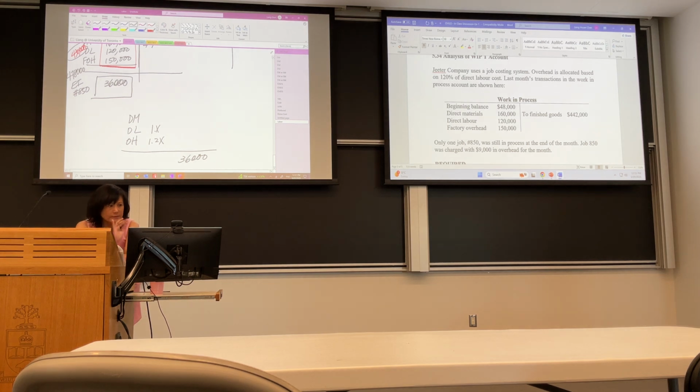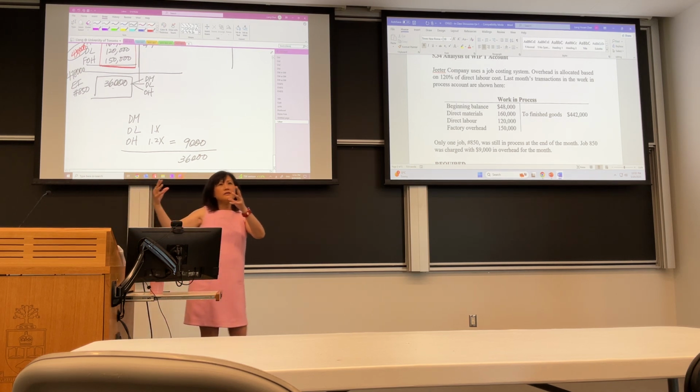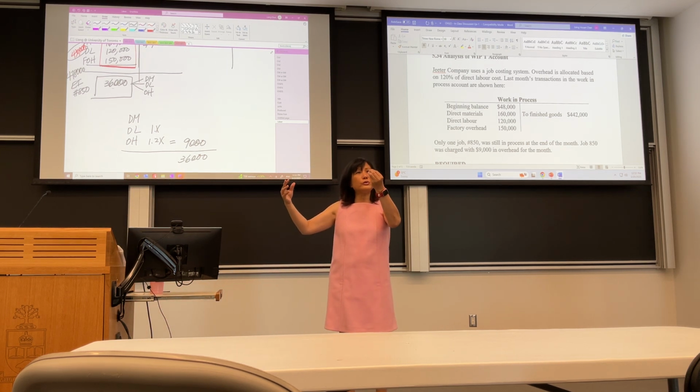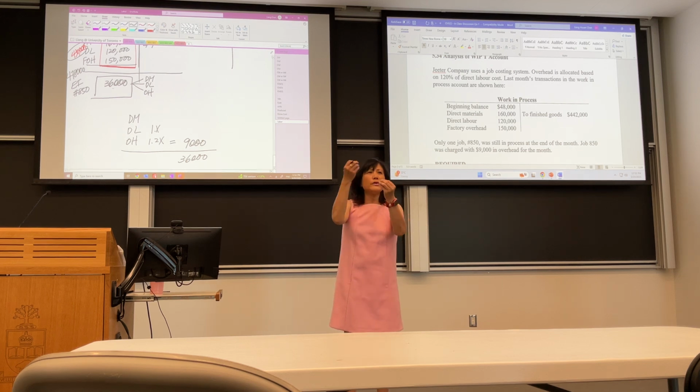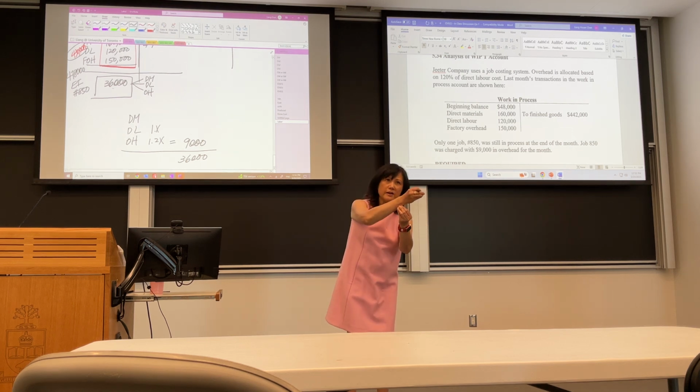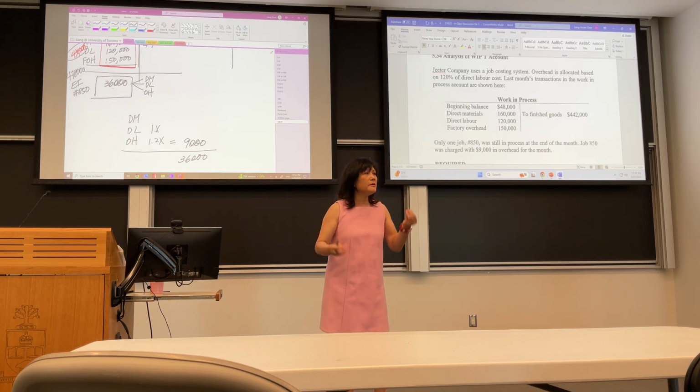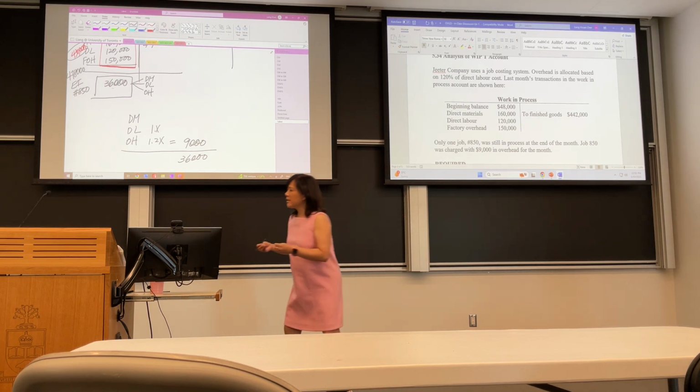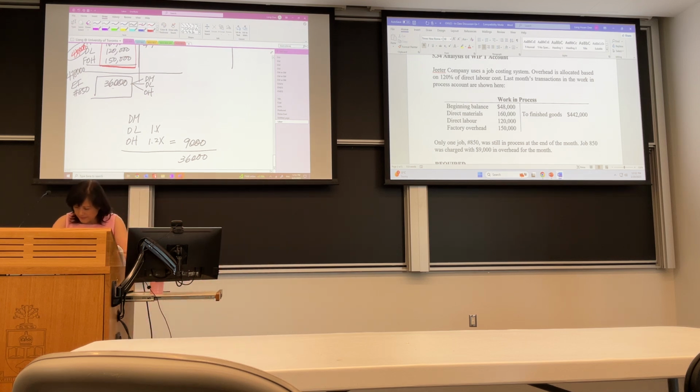Now I tell you, we charge to this job direct material, direct labor, overhead, and the overhead equals $9,000. If $9,000 is 1.2 times the labor, will you be able to calculate backwards to figure out the labor cost? Yes or no? Remember we talked about conversion cost, prime cost? Will I be able to convert back? Yes. So when you convert back, you divide by 1.2, it's 7,500.